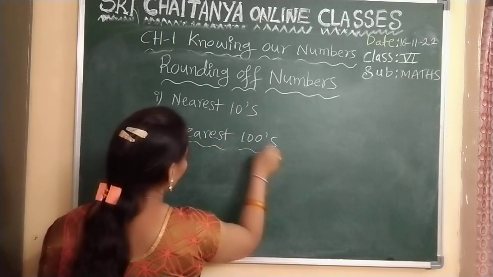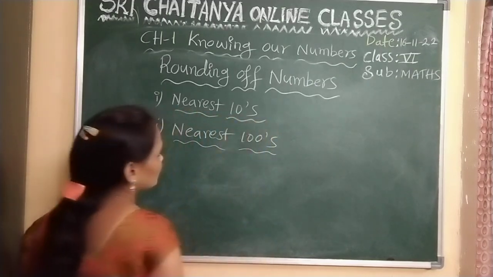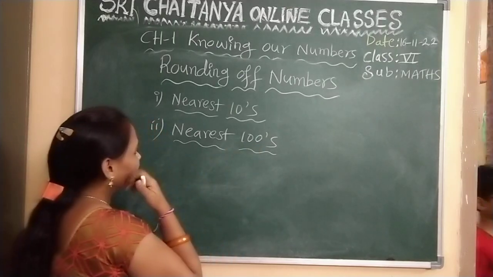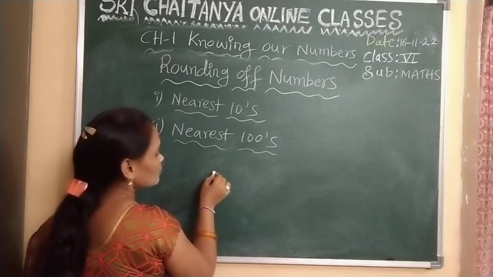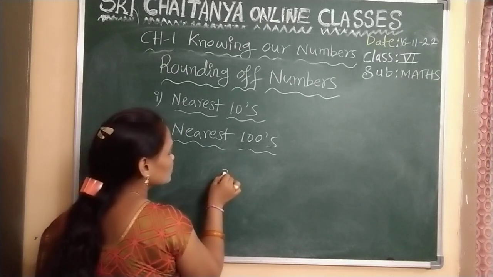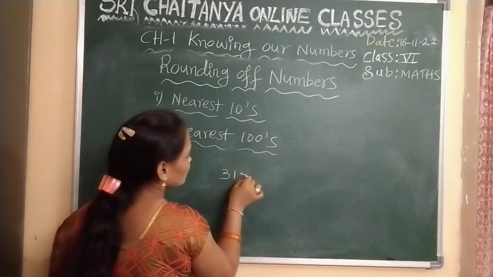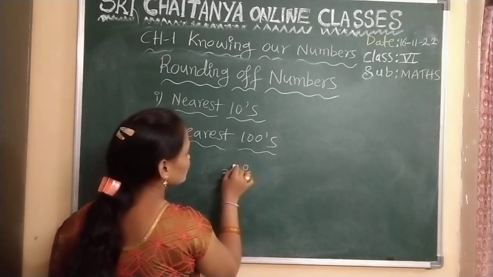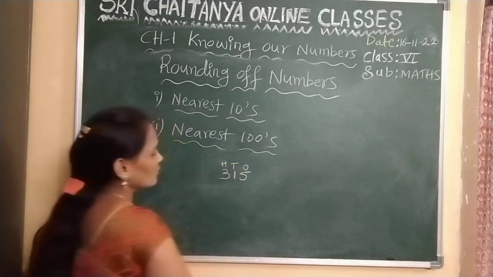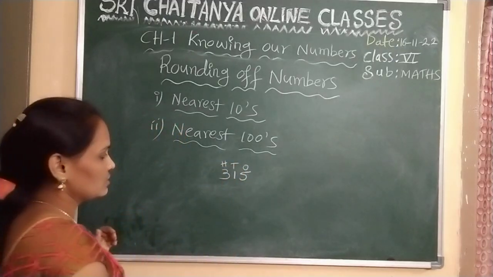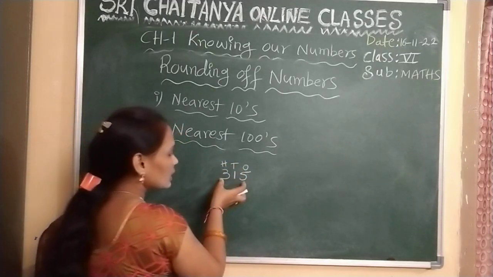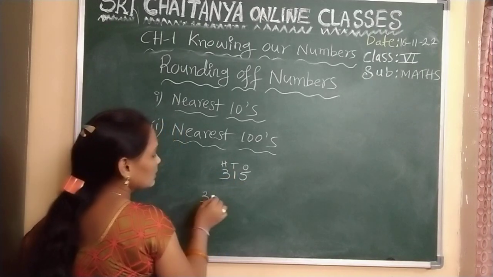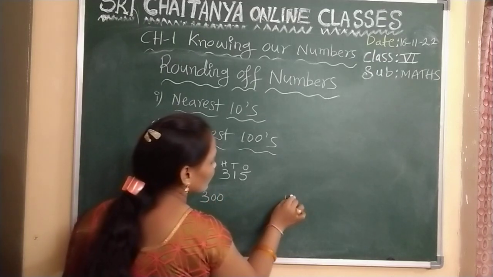Whatever number they give, suppose I take 315. This is ones, tens, hundreds. We are talking about the hundreds place digit. Now 315 lies between 300 and 400. Yes or no?